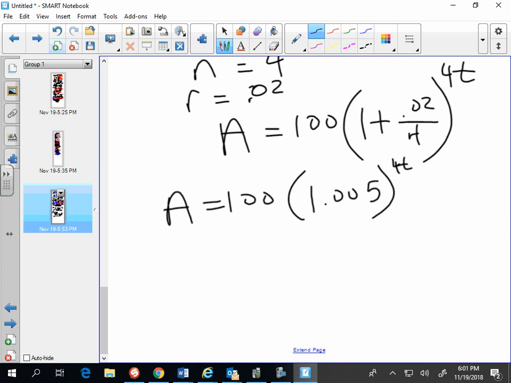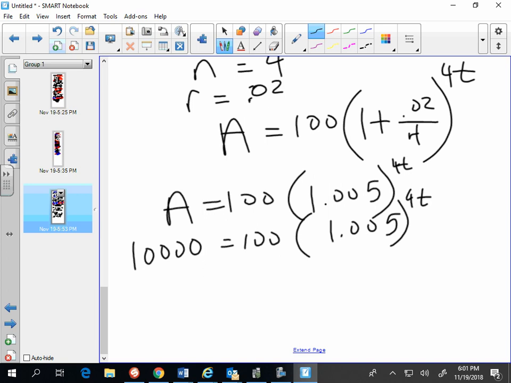How long would it take for us to have $10,000? Do I plug a 10,000 in here? No, it's not how much money will I have in 10,000 years. It's when will I have $10,000. I'm going to plug in 10,000 for the amount. 10,000 equals 100 times 1.005 to the 4t.